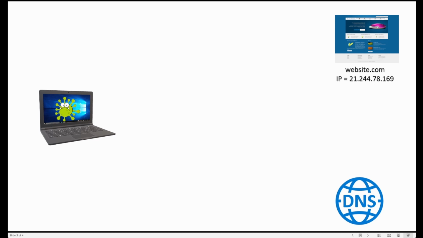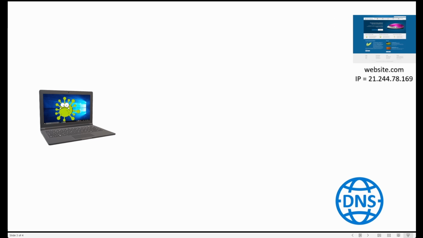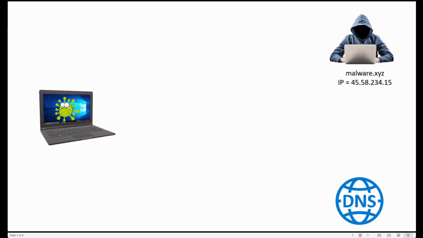So back to our example, this malware or phishing link is trying to connect back to an attacker so that the attacker can get control of our laptop or perform some malicious action. And in order to connect, the same procedure will have to happen.